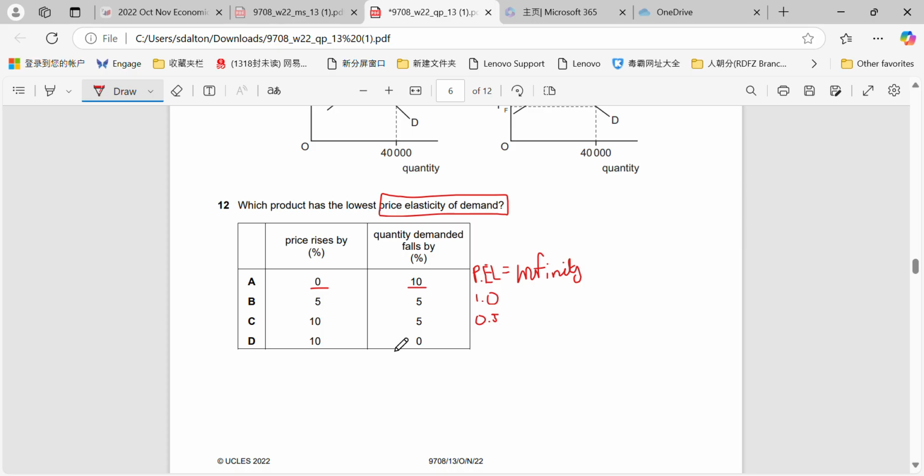And then last one, if quantity demanded doesn't change, but price does, then our PED is going to look something like this, and that means it's going to be perfectly inelastic. Okay, and we know that perfectly inelastic will have a PED of 0.00, which means it will have the lowest PED value. Okay, perfectly elastic, if you're unsure, for A, looks something like this, right?